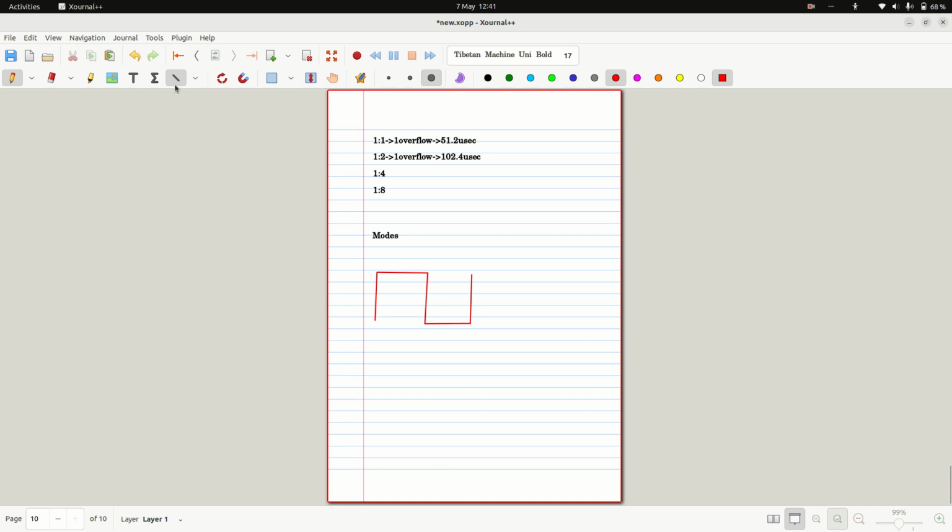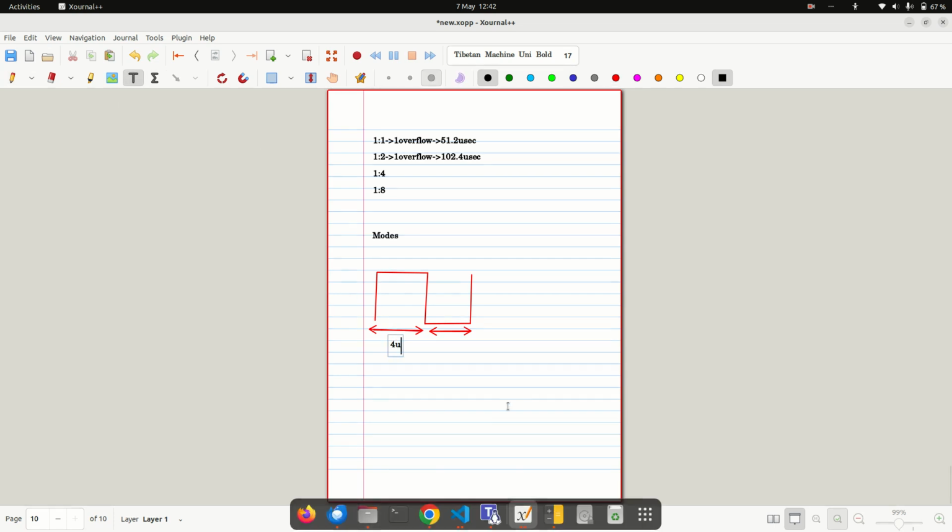Here, for the on period we have 4 microseconds, and for the off period we have 4 microseconds.